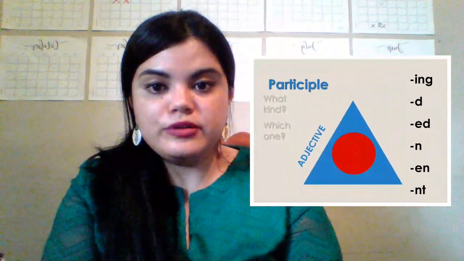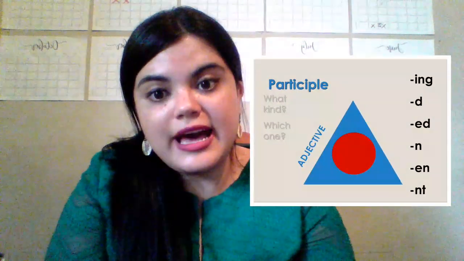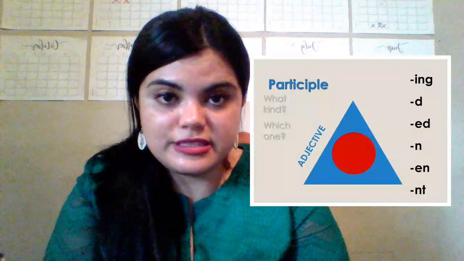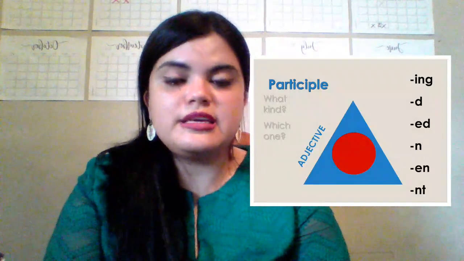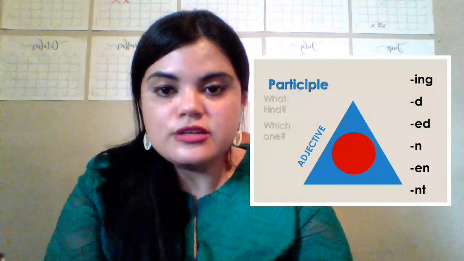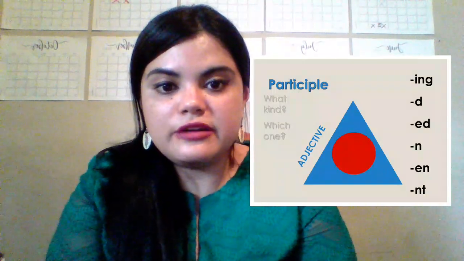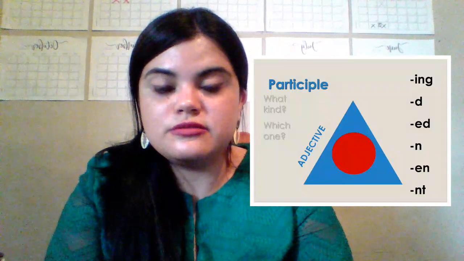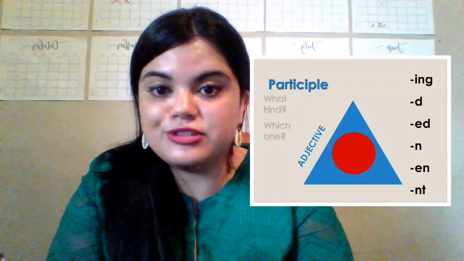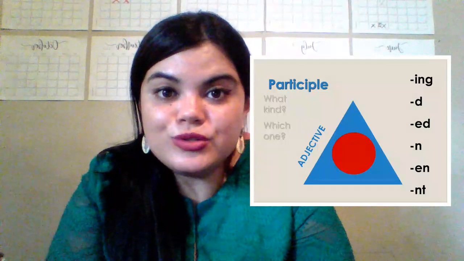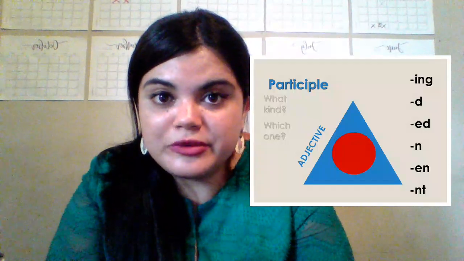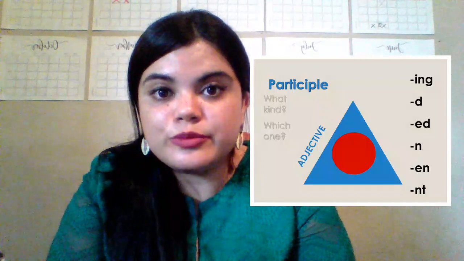Now, participles act as an adjective in the sentence, and they end in ing, d, ed, en, and nt. So remember that for us to understand all these, review your verbs. I know this is something that you learned before, from elementary, from primary, but just remember your verbs, please.